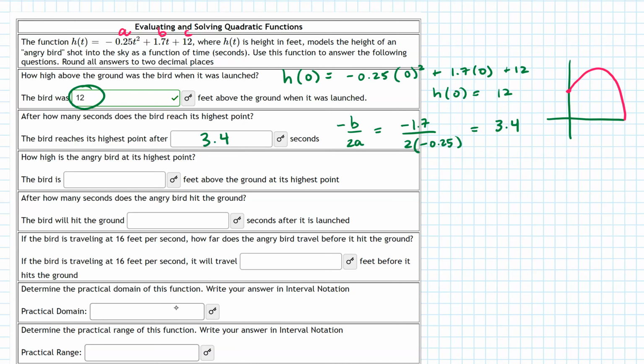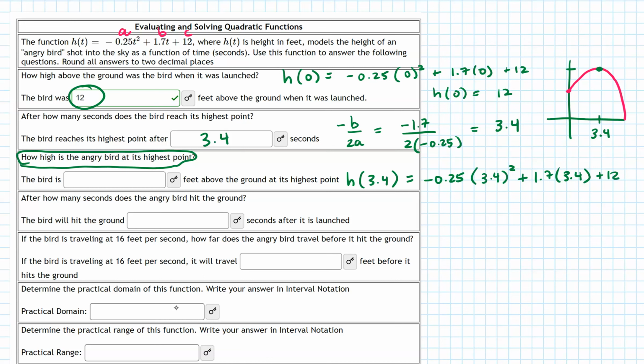Now, we want to figure out the height of the bird at the highest point. So at the highest point right here, we found that that was 3.4 seconds. And to figure out the height, we just need to plug in 3.4 into our height function. So h of t is equal to, that should be h of 3.4, is going to be equal to negative 0.25 times 3.4 squared plus 1.7 times 3.4 plus 12.